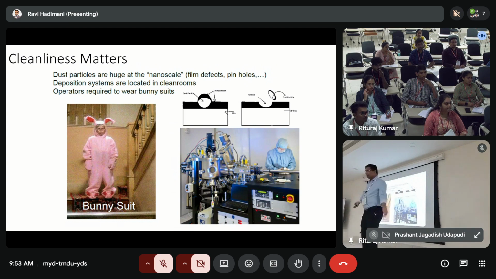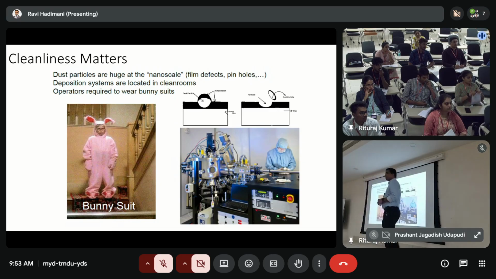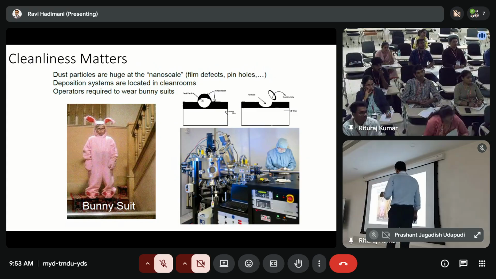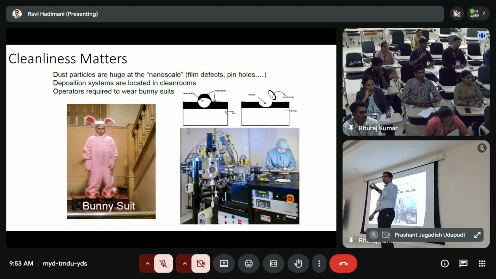You can't do it in a machine shop, what we call a workshop. You can't use these nanofabrication methods in a machine shop because there will be lots of particles. It has to be in a clean room, and a clean room has to be devoid of dust or any sort of particulate matter. So it has a good air filtration system.